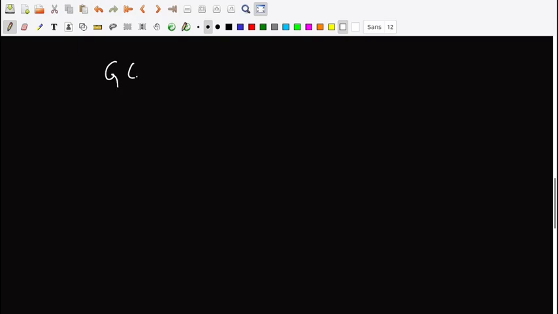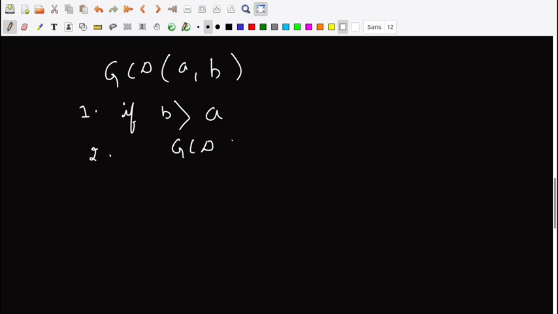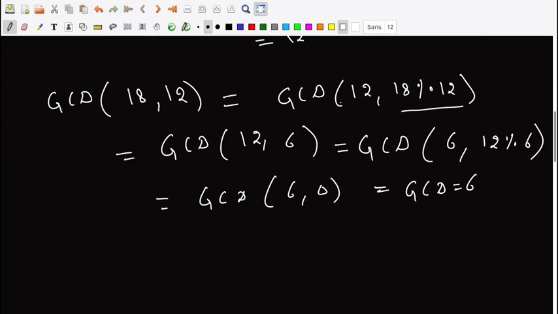GCD of A comma B. The first step would be, if B is greater than A, then we will just flip the arguments, GCD of B comma A. We just want A to be greater than B, because only then could we apply A modulo B correctly.